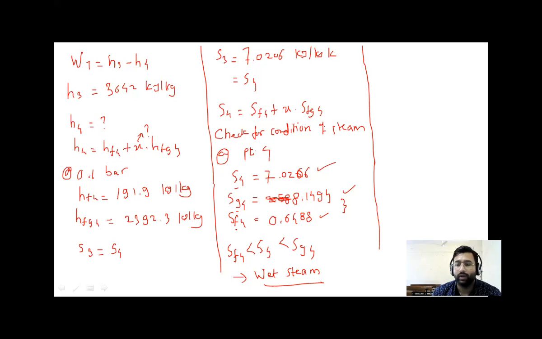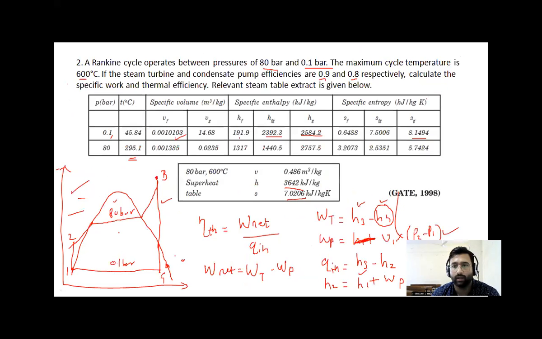So now you can calculate the dryness factor. S4 is how much? 7.0206 will be equal to, what is SF? 0.6488 plus X into, what is SFG?